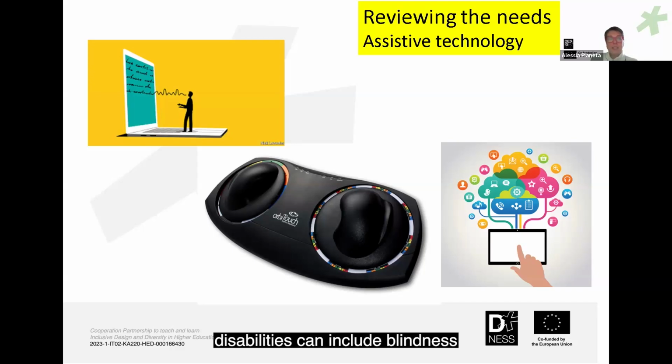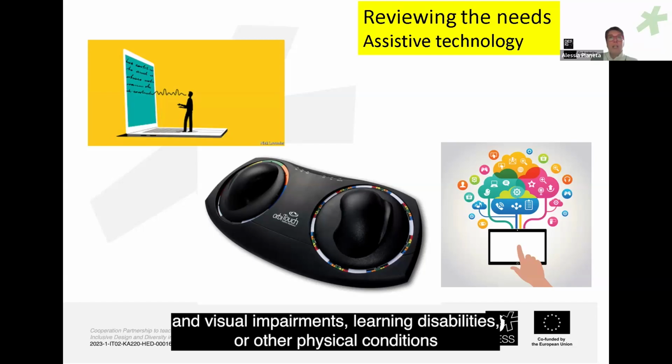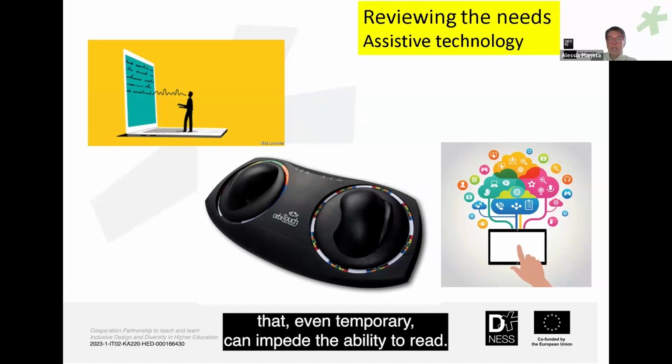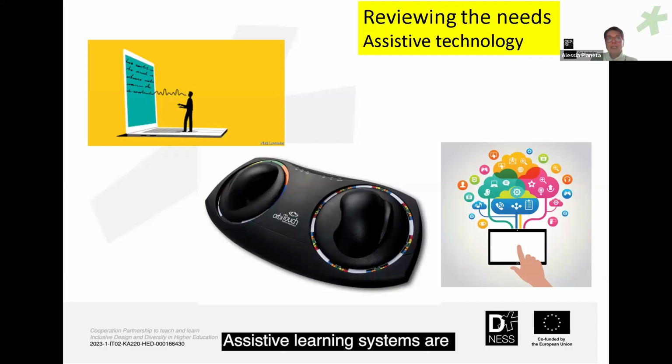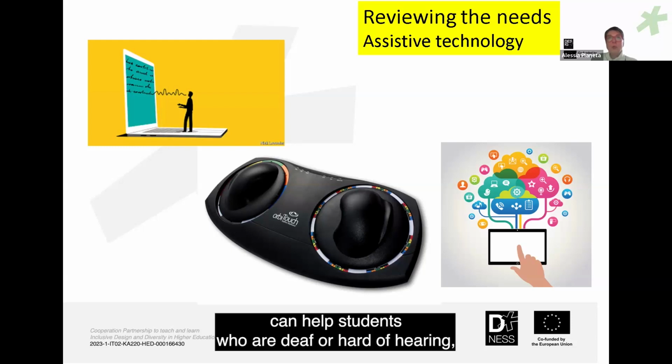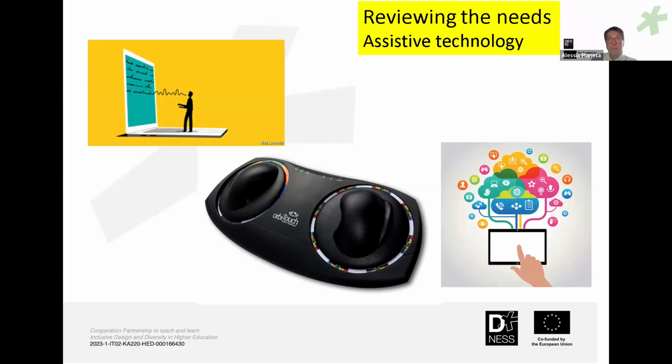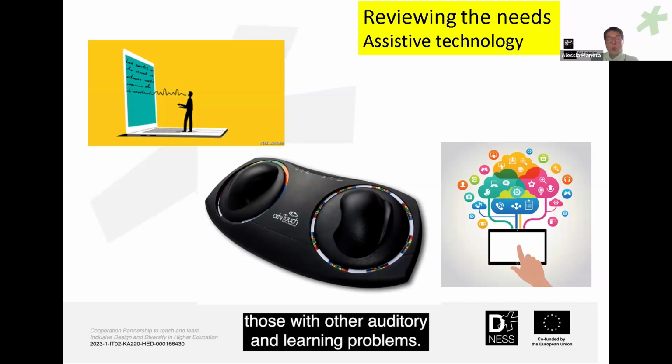Common print disabilities can include blindness, dyslexia, and visual impairment, learning disabilities, or other physical conditions that even temporarily can impede the ability to read. Assistive learning systems are a variety of systems, and in this case, hearing assistive technology that can help students who are deaf or hard of hearing, as well as those with other auditory and learning problems.